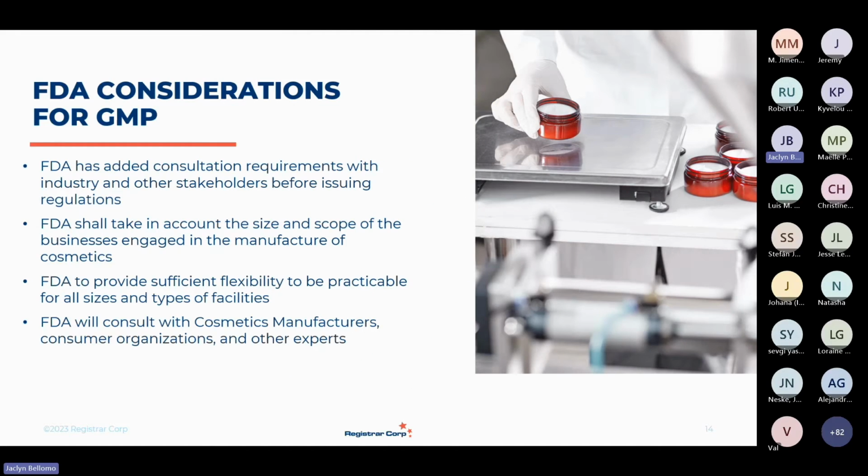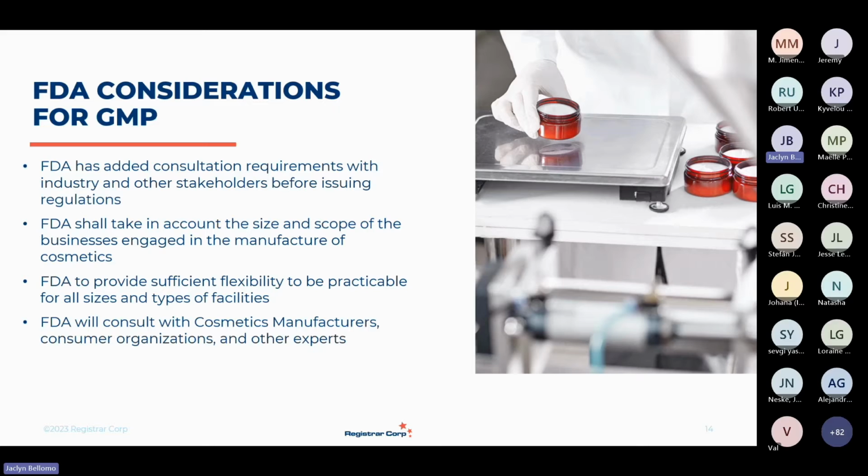FDA considerations for GMP. So this is really important because under MoCRA, FDA has added specific language to how they plan to map out the GMP process, what will be included, what elements they will be taking. And FDA has added that language and added consultation requirements with industry and other stakeholders before issuing the regulation.